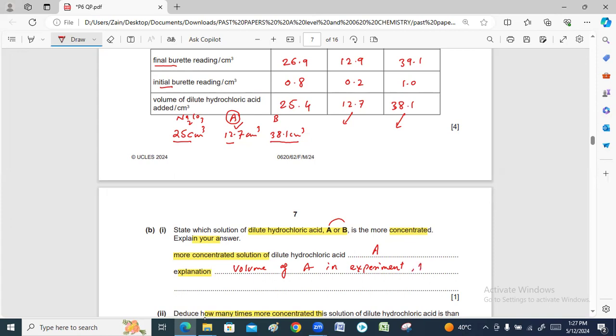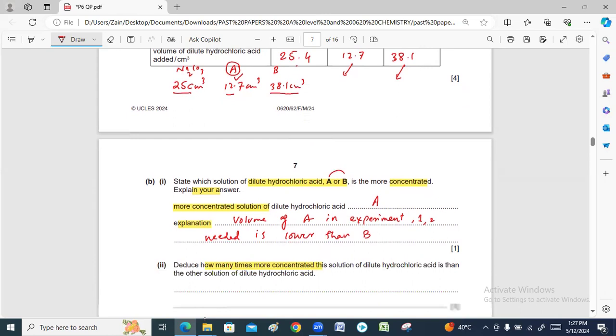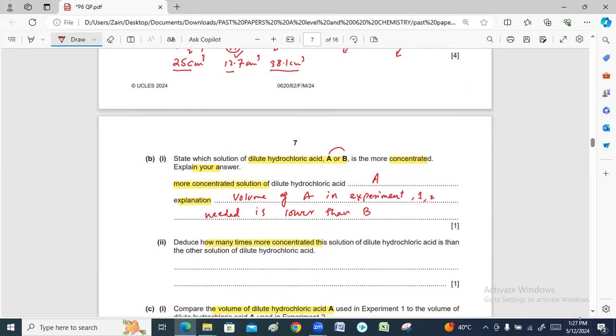So experiment 1 or experiment 2 needed is lower than B. It means that B is dilute as compared to A. So that's why it requires more volume to neutralize 25 centimeter cube of aqueous sodium carbonate.